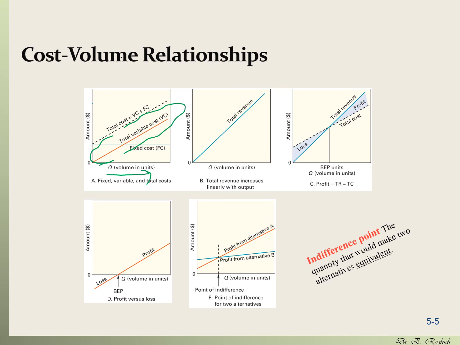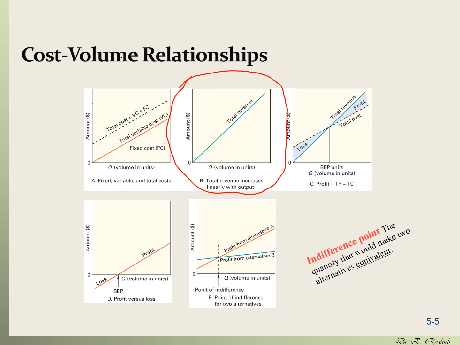If you add these two up, the variable cost and the fixed cost, so this is the fixed cost, this is the variable cost, it is going to give you this total cost right here. So total cost is variable cost plus fixed cost. Also, the next plot here shows the total revenue.